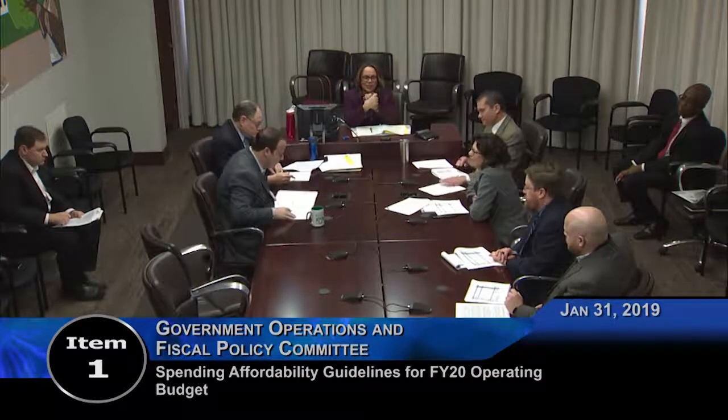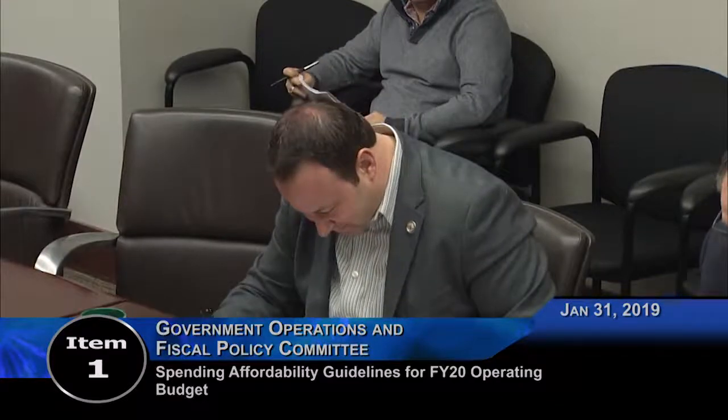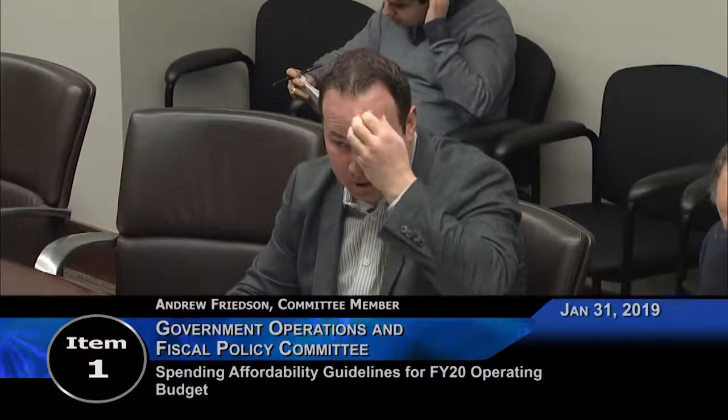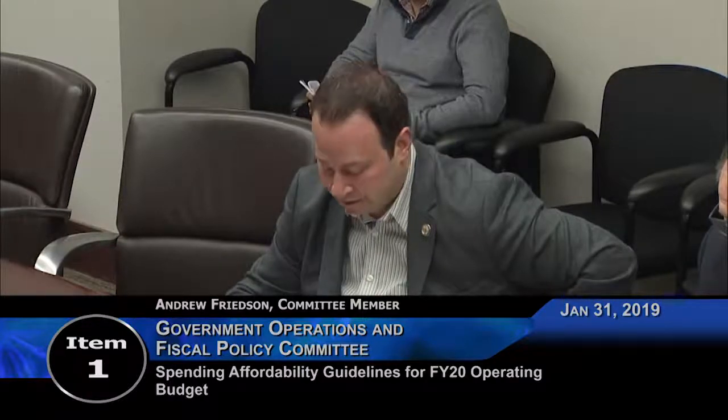New here, still figuring out the microphones. So I just had a couple questions about it. I don't have a specific problem with the recommendation, frankly, and think it seems to be fairly fiscally prudent.